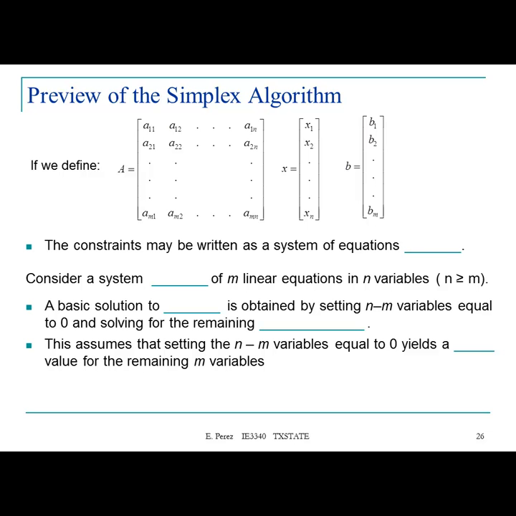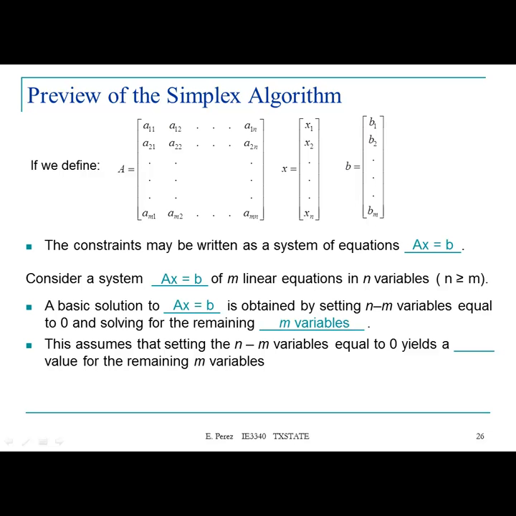So the constraints may be written as the system of equations A times X equals B, your right-hand side. Consider a system A times X equals B of linear equations in n variables. A basic solution to this system of equations is obtained by setting n minus m variables, the number of variables minus the number of constraints, equal to 0 and solving for the remaining m values.